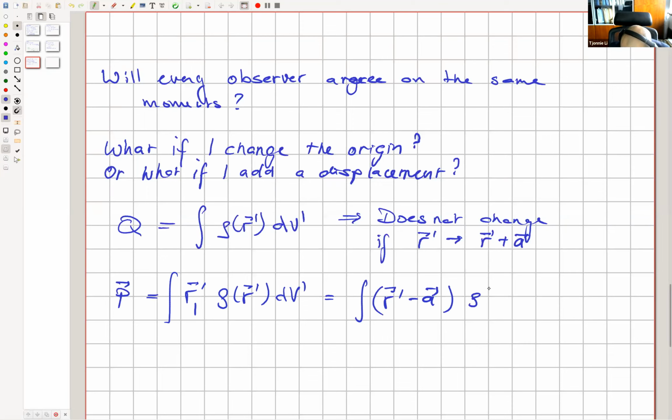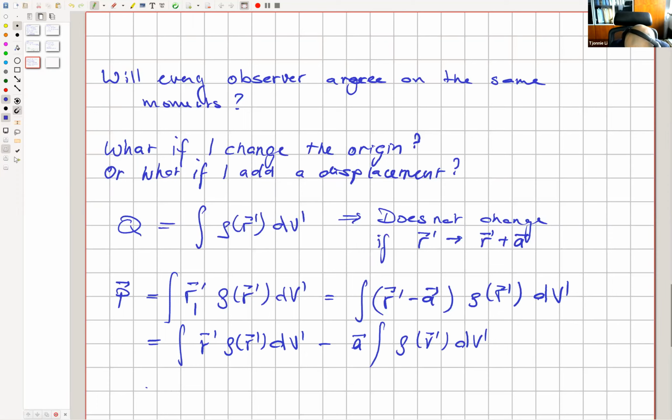Here I can split this integral up into two pieces, one with the r prime times rho. So indeed I get the integral of r prime rho r prime dv prime minus a, which is a constant vector, times the integral of rho r prime dv prime. This is the original p, so this is p1 minus a times q.